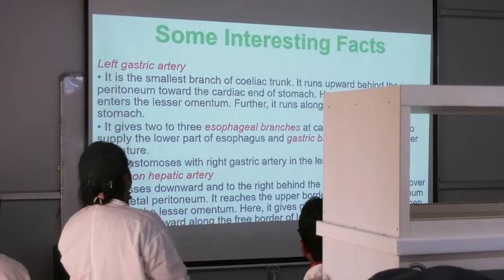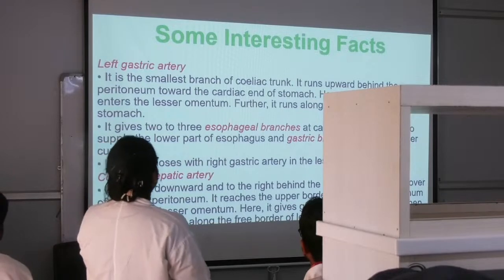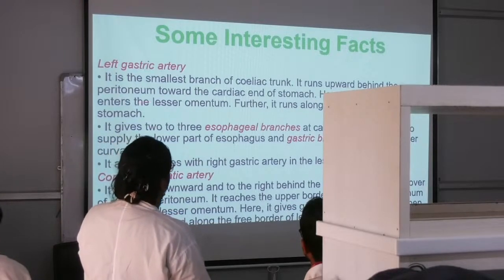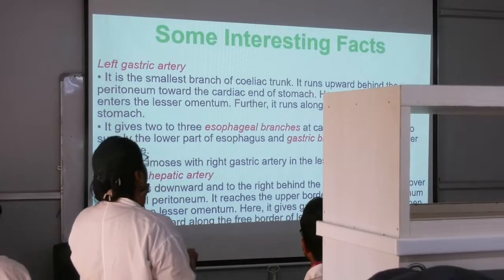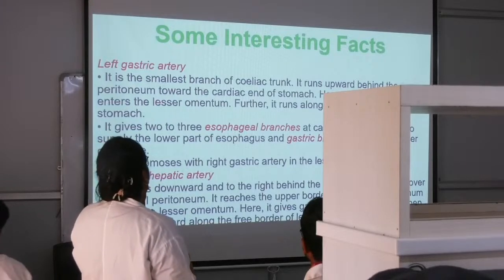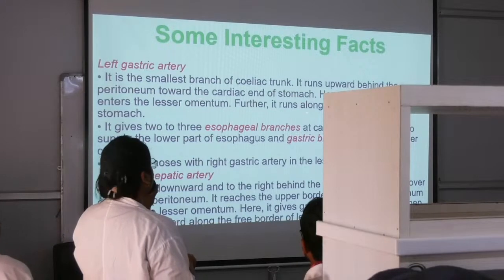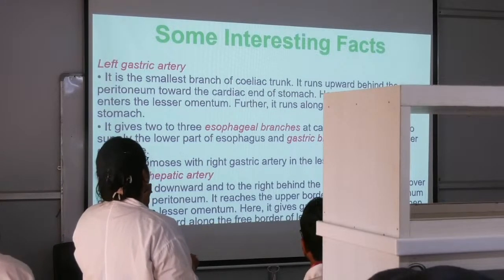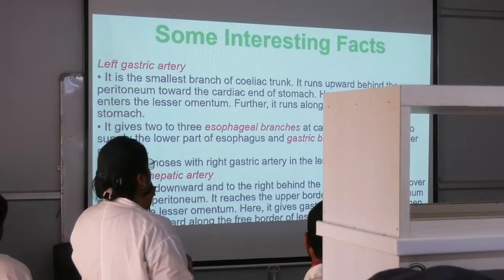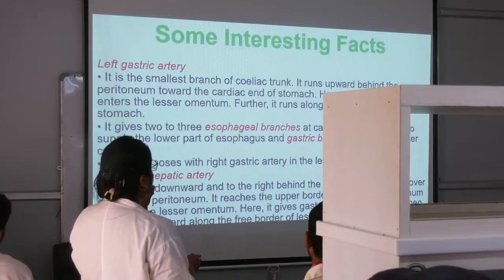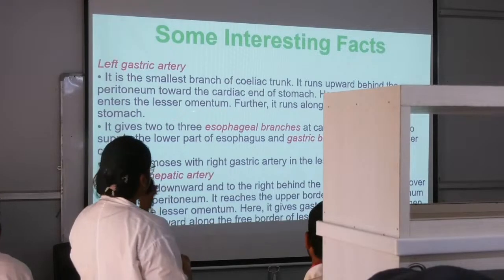Okay, now we will discuss the individual branches. Left gastric artery is the smallest branch of the celiac trunk. It runs upward behind the peritoneum towards the cardiac end of the stomach. Here it arches forward and enters the lesser omentum, and further it runs along the lesser curvature of the stomach.